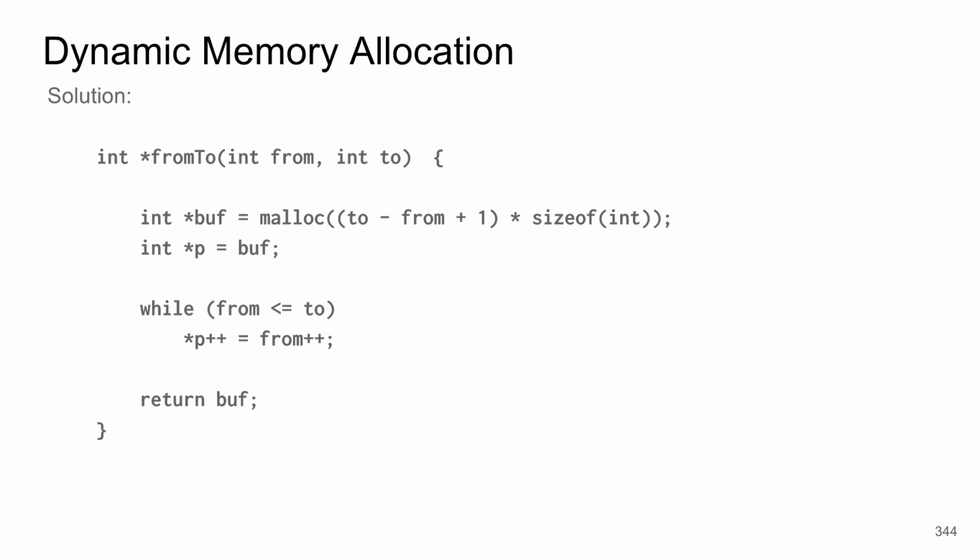Cool. So a very important assumption that we made on the last slide was that from will always be less than or equal to 2. Right? If that wasn't the case, this would not work. So just take note of that. What did malloc do with that? Probably return null. Yeah. If you gave it a negative number, I believe it would return null.